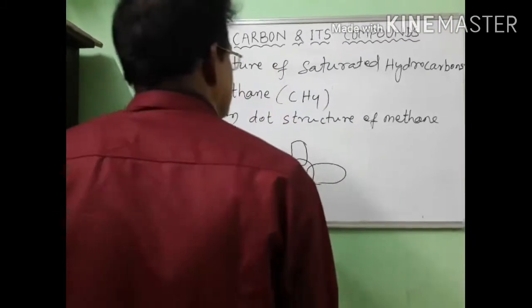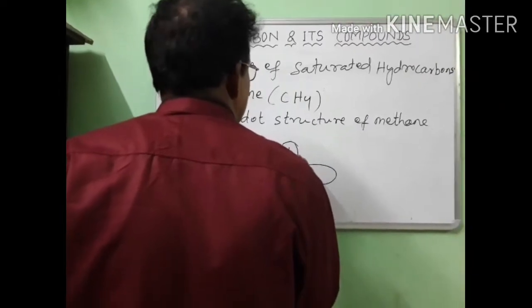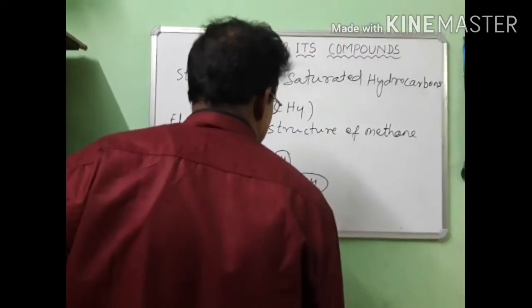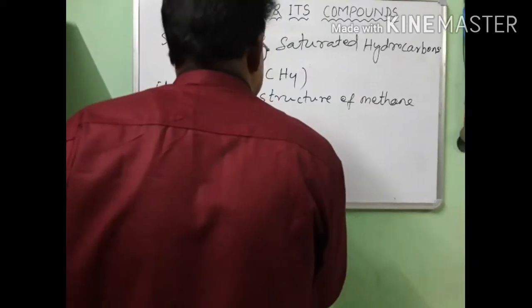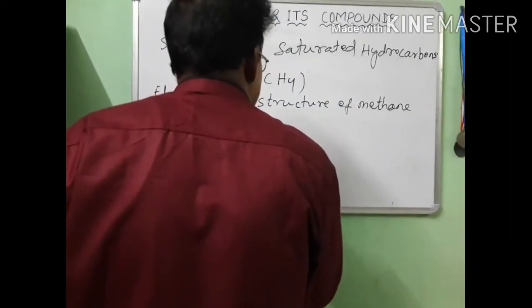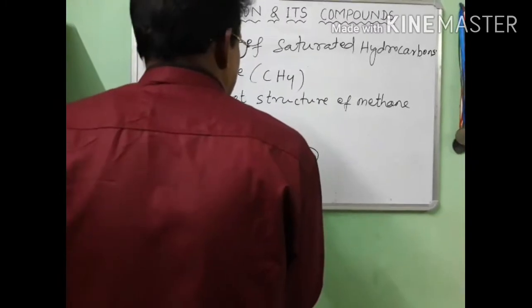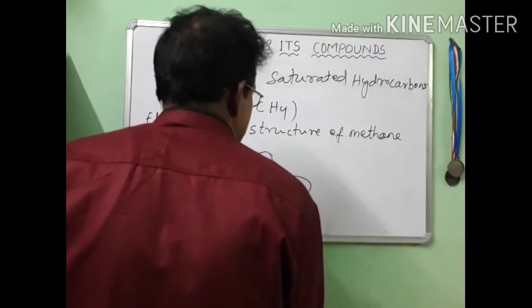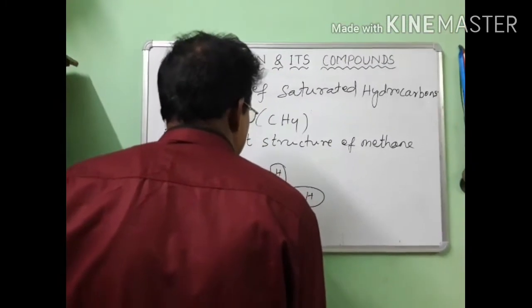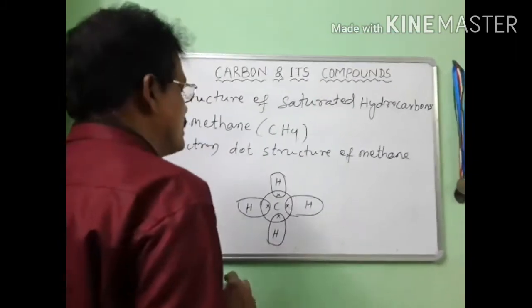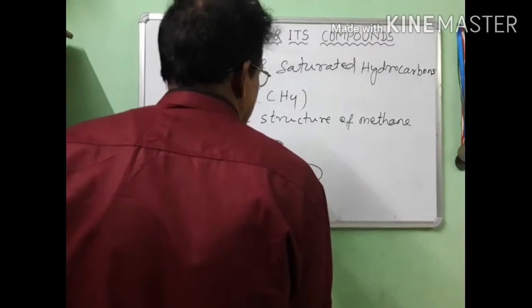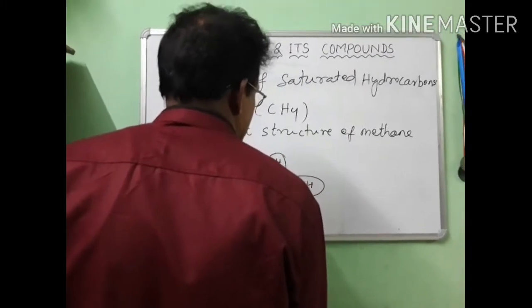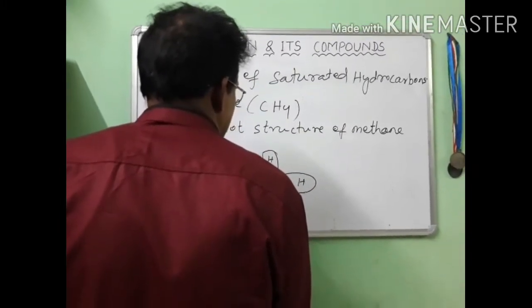Here are hydrogen, hydrogen, hydrogen and hydrogen. This is the valence electron of carbon, and here are the electrons of hydrogen.